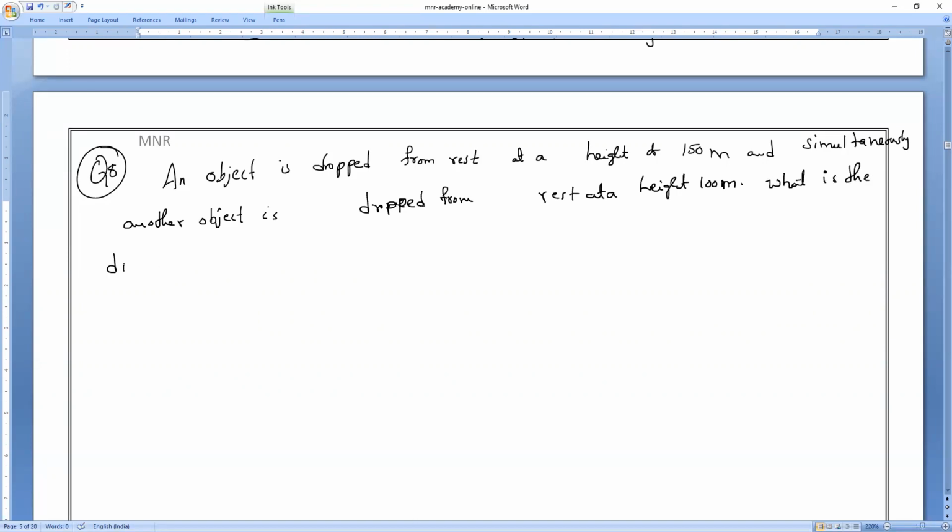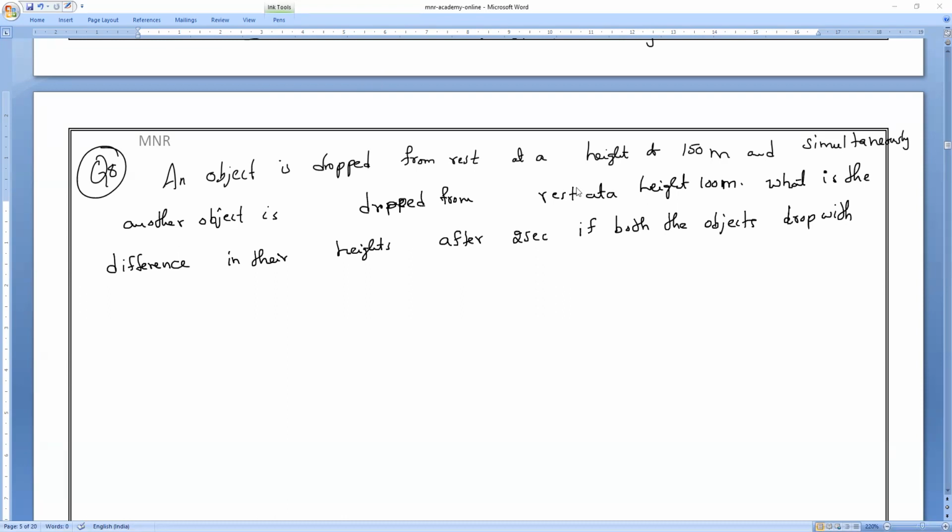What is the difference in their heights after 2 seconds? It is a very logical question. Both the objects are coming downwards, freely falling.